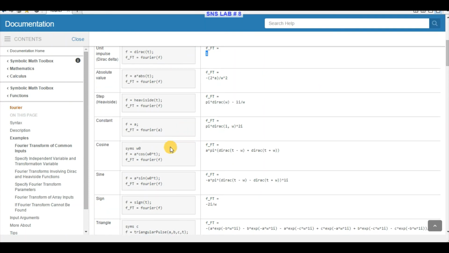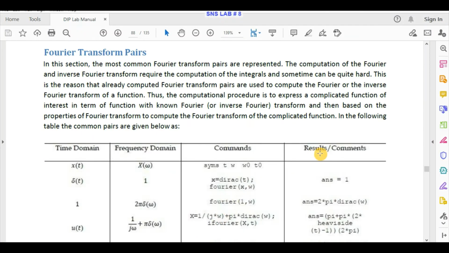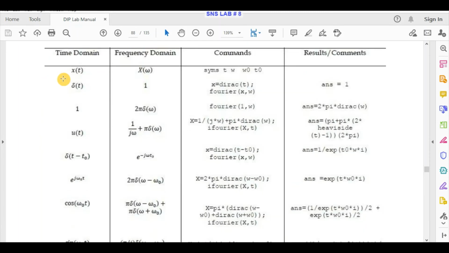However, a descriptive table in detail is given in your lab manual. You can see in your lab manual there are 4 columns given. The first column shows the signal in time domain, whereas the second column shows the results in frequency domain.